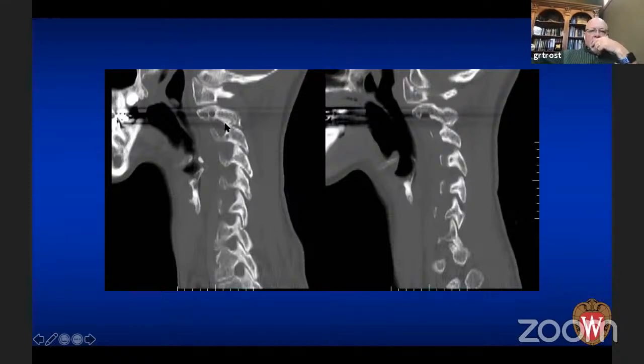You can see that she sort of spot welded things here. You can see a little bit of a fusion there, potential fusion there, and then a widened facet joint here. So we put her in traction, and she was just outright miserable. And so the real question becomes, what do you do with something like this?